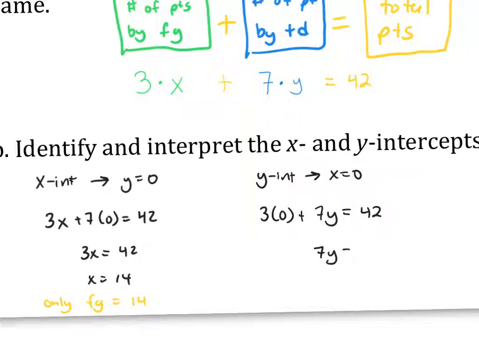The 3 drops out, so we're left with 7y equals 42. And when I divide both sides by 7, I get 6. So what does that mean? Only touchdowns are 6. So there's two extremes. We scored all our points with only field goals. Here, we scored all our points with touchdowns.